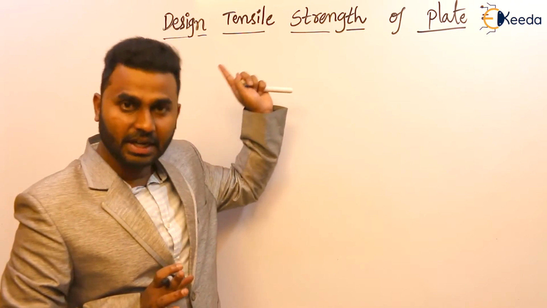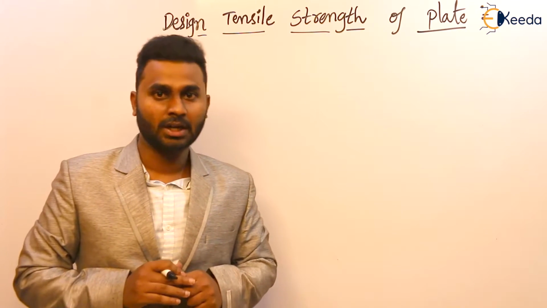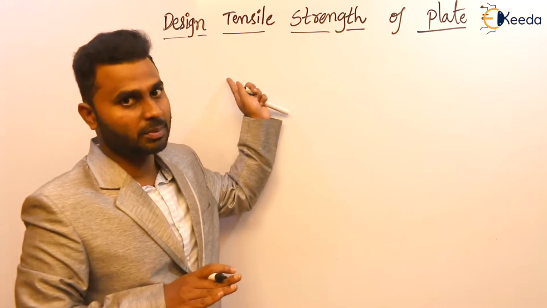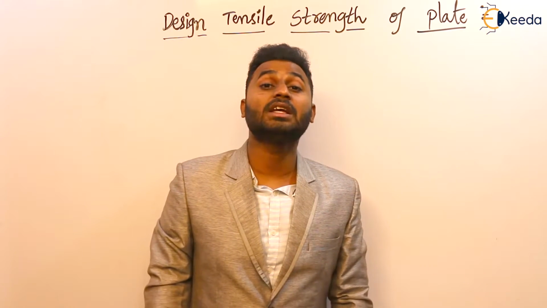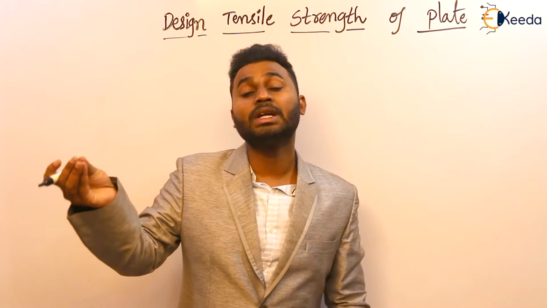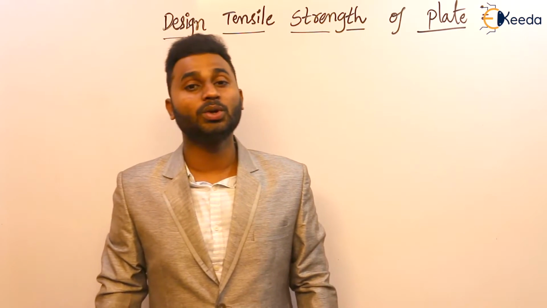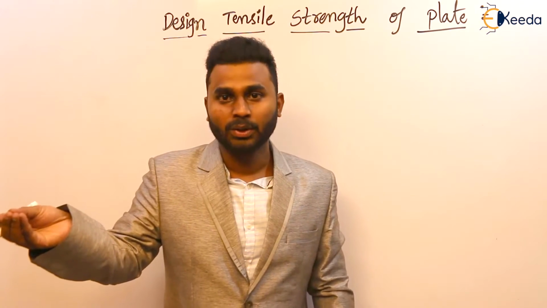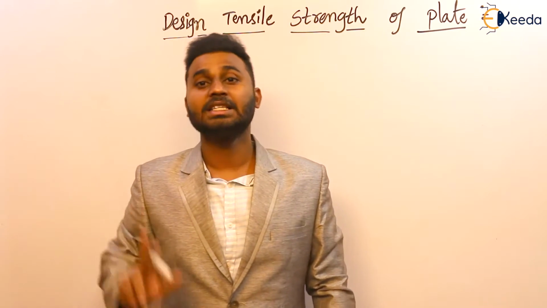In design of tension members we will discuss how to calculate the design tensile strength of a plate, based on 3 criteria: gross section yielding, net section rupture, and block shear failure. Don't worry, I will explain all these things there.